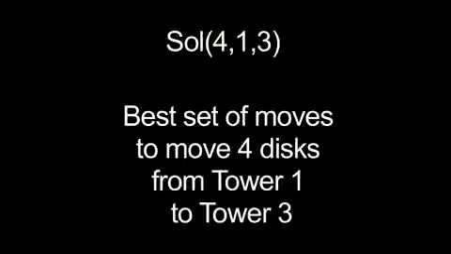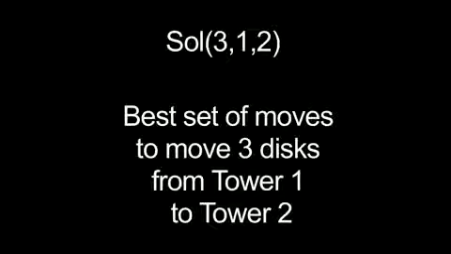And we can write a recursive equation, and we know what that equation is because we have seen how we can delegate authority on down the line. So here it is on your screen right now. So the solution for the 4 problem of moving from tower 1 to tower 3 is the solution for the 3 problem moving from 1 to tower 2.